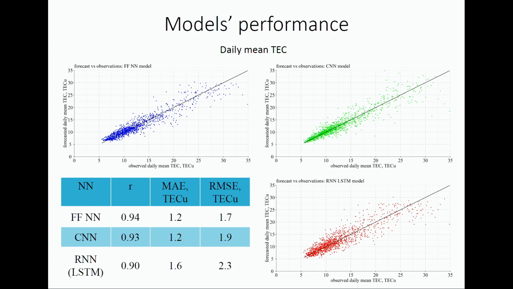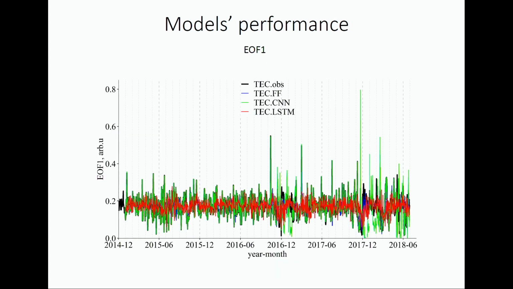And since the other plot is rather messy, these are the scatter plots of the distribution between what we observe and the results for the 3 different models. So you see that the 3 of them, at least to estimate the daily mean TEC, represent rather good accuracy, although we still have some spread, at least in the long short-term memory one.